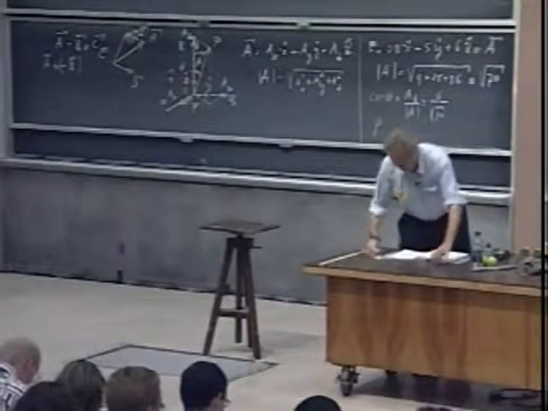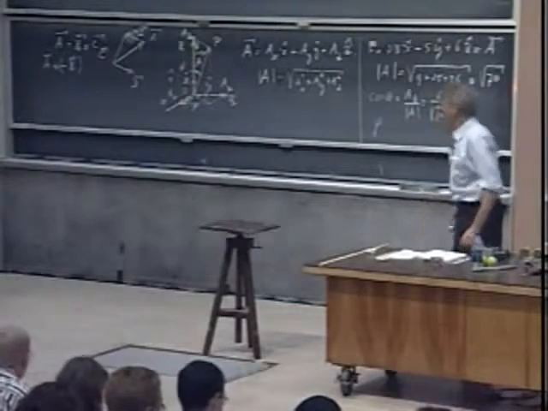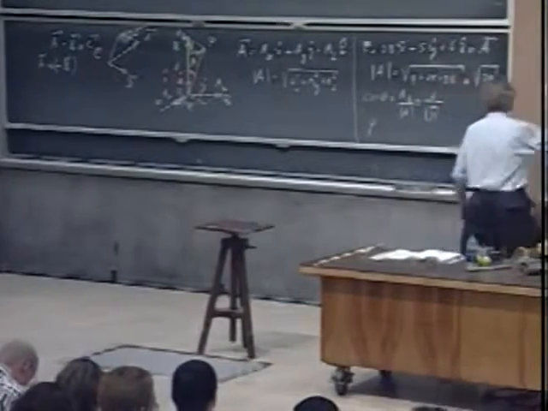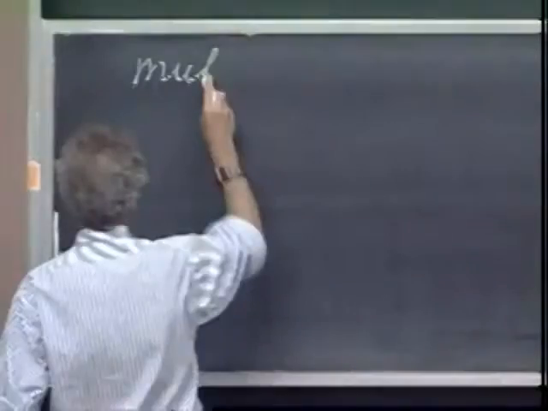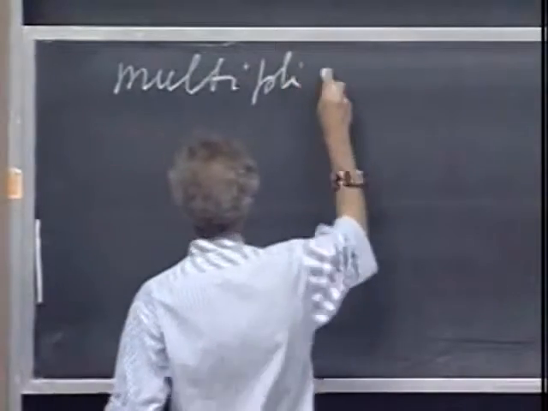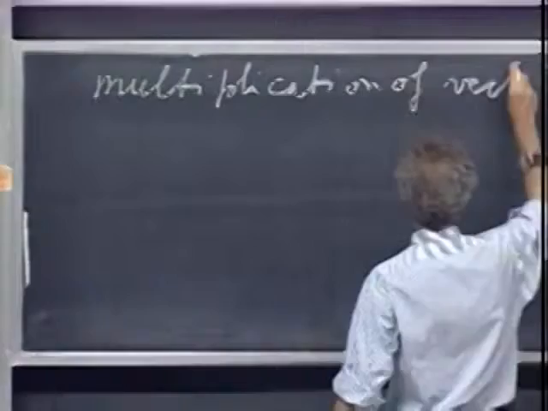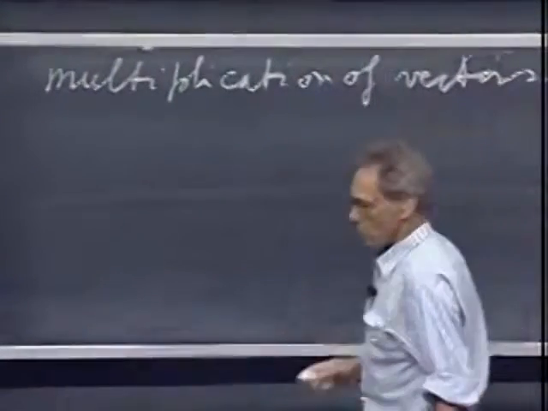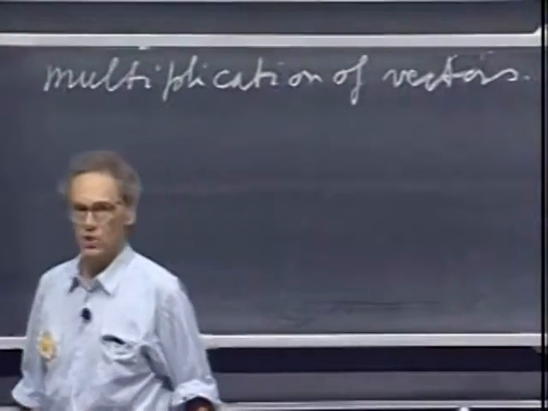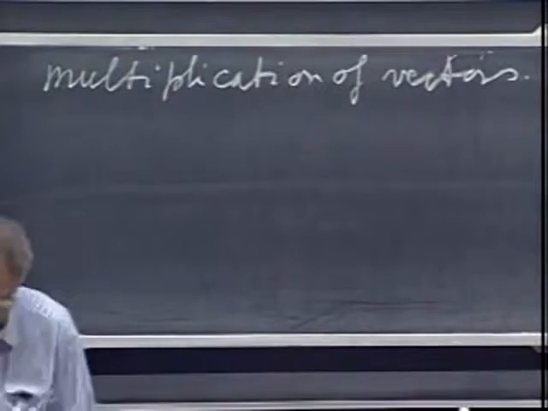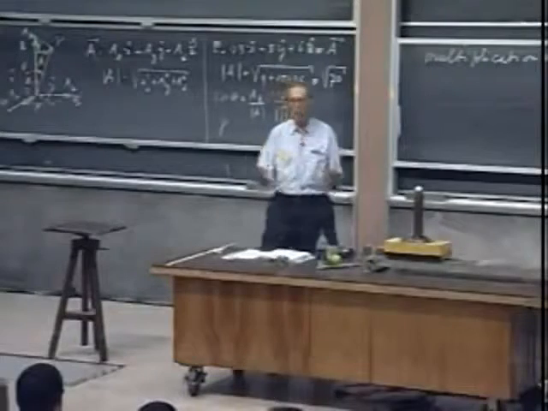We now come to a much more difficult part of vectors, and that is multiplication of vectors. We're not going to need this until October, but I decided we might as well get it over with now.